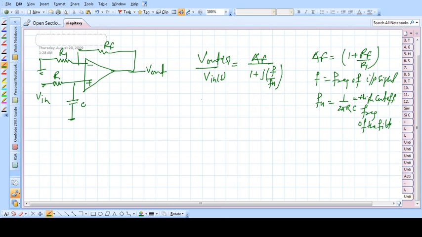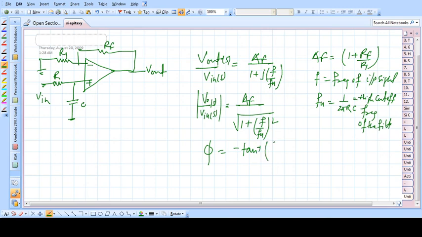Now for the corresponding magnitude plot, the magnitude we can simply write as AF by square root of 1 plus F by FH squared, and the corresponding phase is minus tan inverse F by FH.